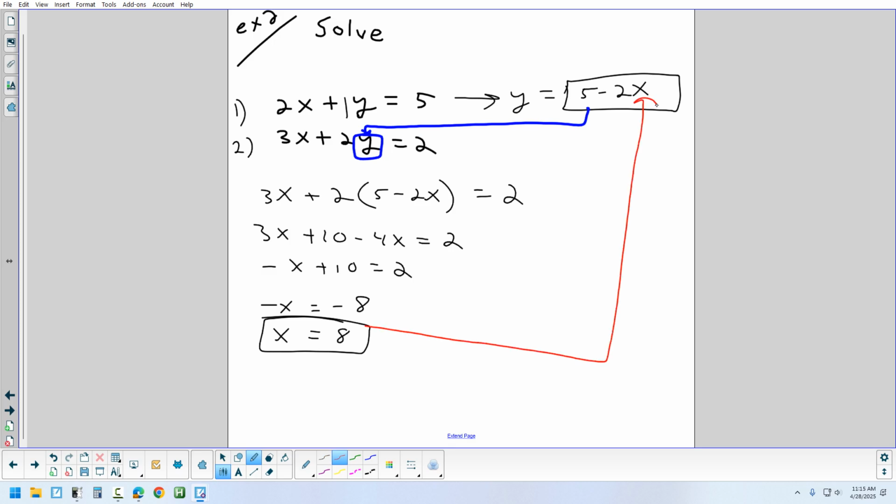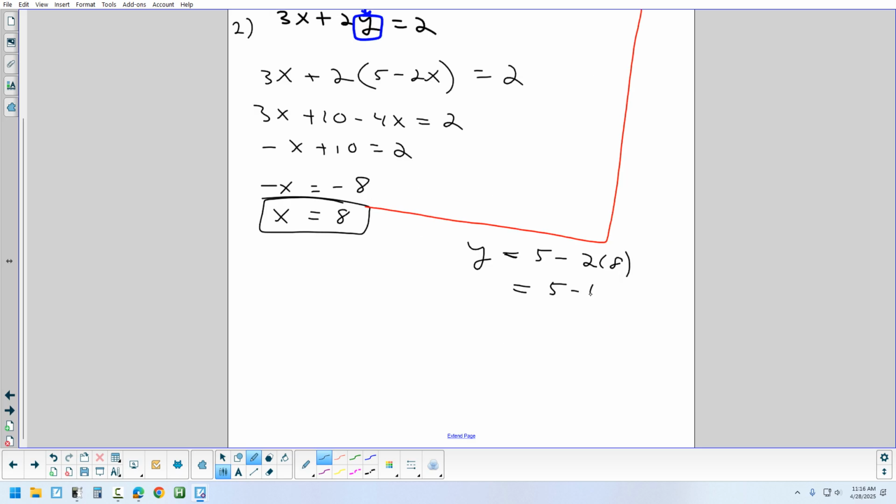So take x, fill it back in, and we're going to get y equals 5 minus 2 times 8. So 2 times 8 gives me 16. And 5 minus 16 is negative 11.